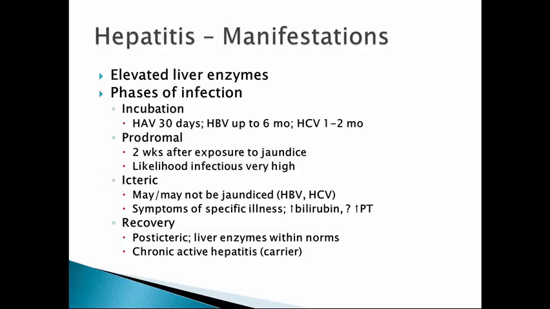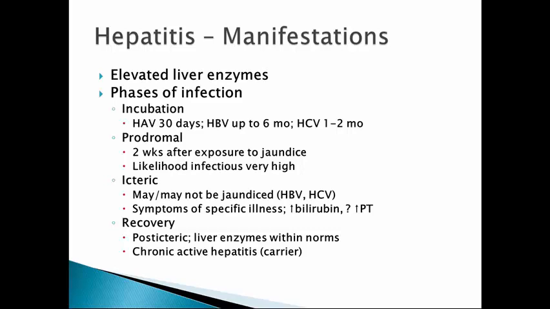Like so many of the infections that we've talked about, there are going to be some phases, but we can put a few additional characteristics or define these a little bit better. So the incubation period, as we talked about, for hepatitis A tends to be about 30 days, about 4 weeks or thereabouts. Hepatitis B could be up to 6 months.